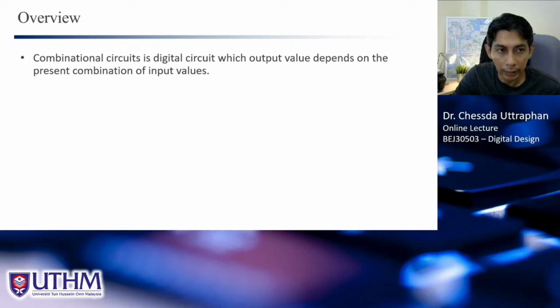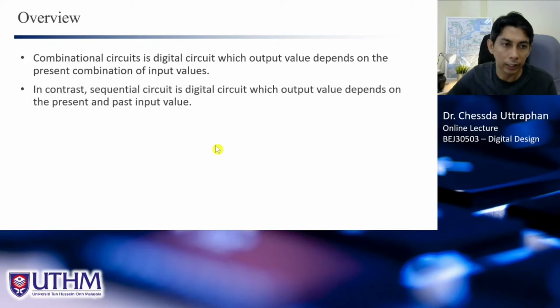The combinational circuit is the circuit where the output of the circuit changes immediately when the input or one of the inputs changes. For example, we have inputs A, B, C and output F. When one of the inputs A, B, C is changed, it will immediately affect the output F. That will be a combinational circuit.